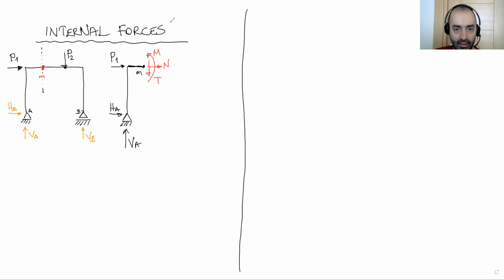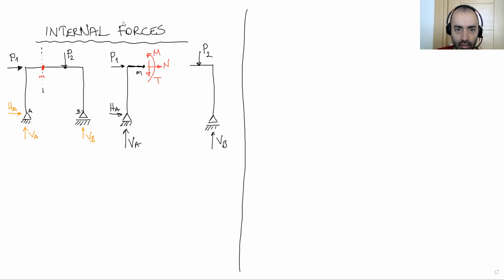Let's draw the right-hand side here. Okay, we have this roller support here. Around this corner, we have P2. We have only vertical B support reaction.